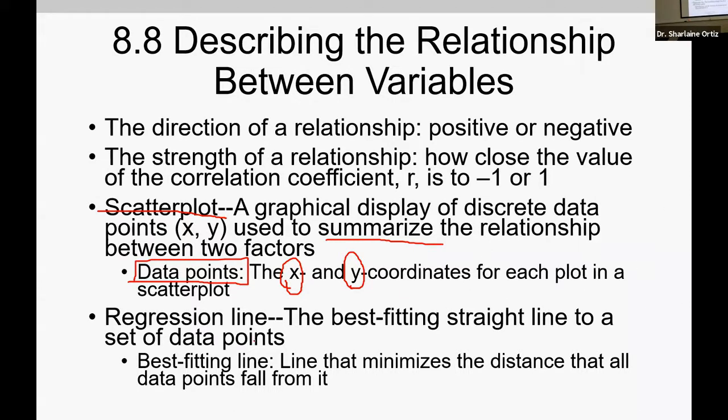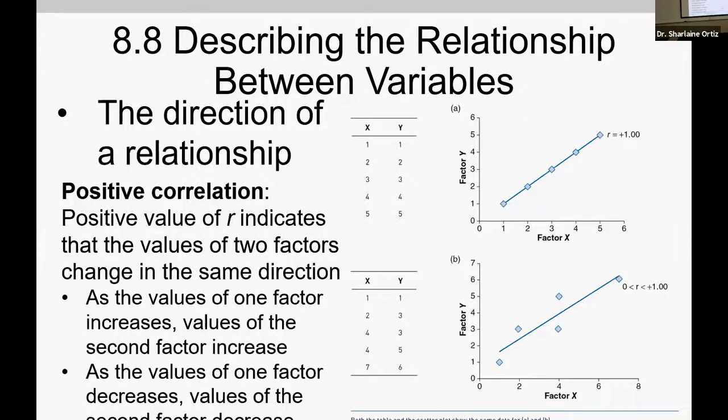So for instance, if we move on to our next slide, you'll notice that here we have our value for X, our X-axis, and we have our factor for Y. And notice, if I wanted to plot a coordinate, for those of you who have played Battleship, it's really similar to Battleship. I will have a coordinate, for example, 1, 1.